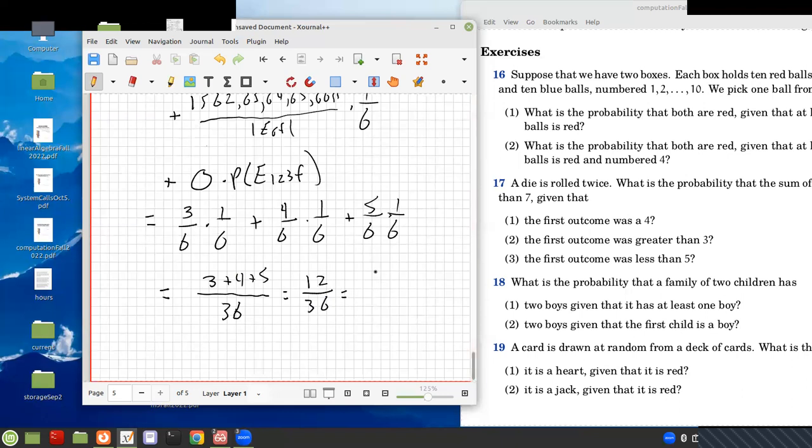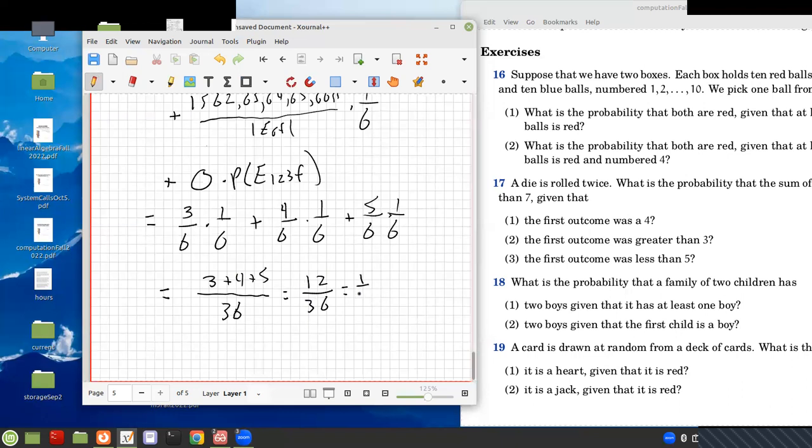And we can factor out a 2 to get 6 over 18. Or maybe do this in a simpler way: 3 times 12 is 36.